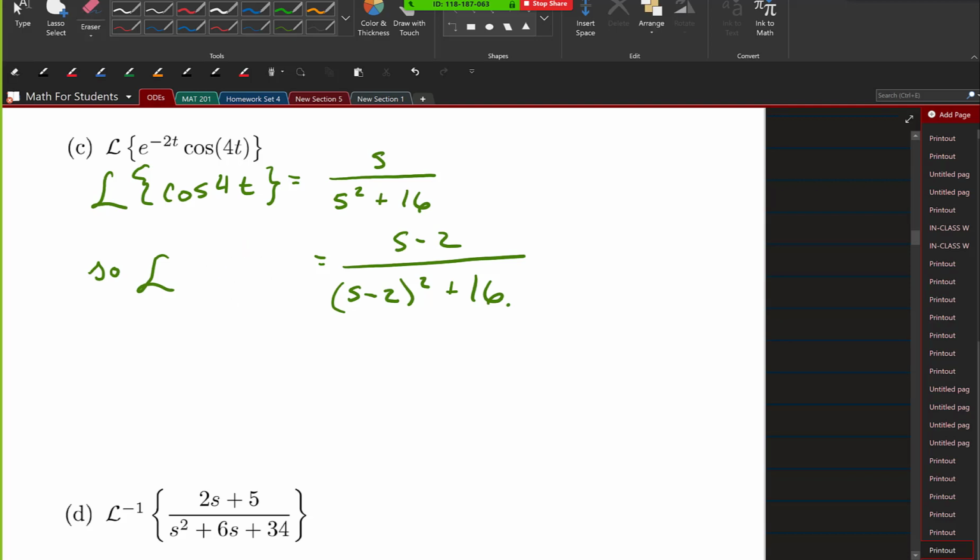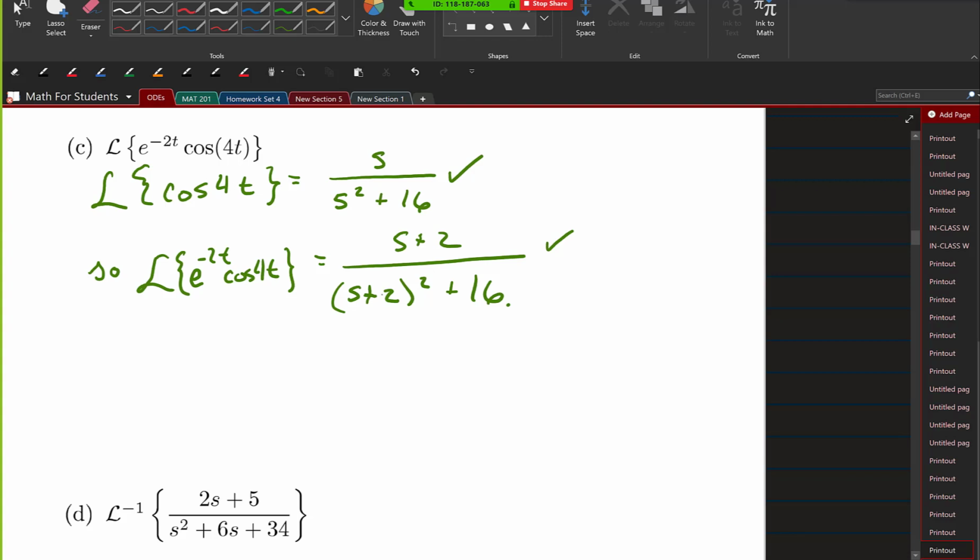I would normally do that too, I think, but as far as explaining it to people, it's easier to say, hey, we know the Laplace transform of the cosine of 4t. We're going to take that answer everywhere we see an s. We're going to subtract 2. Oops, what should I have here, folks? It should be plus 2. Yep, good. So I was close.